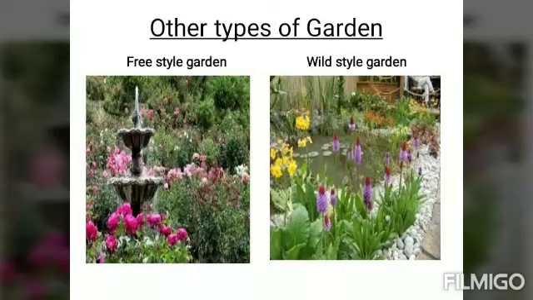And wild style gardening. Wild style gardening was given by William Robinson in the last decade of the 19th century, okay. And here no rules are followed, but the aim is to make the garden beautiful and natural.